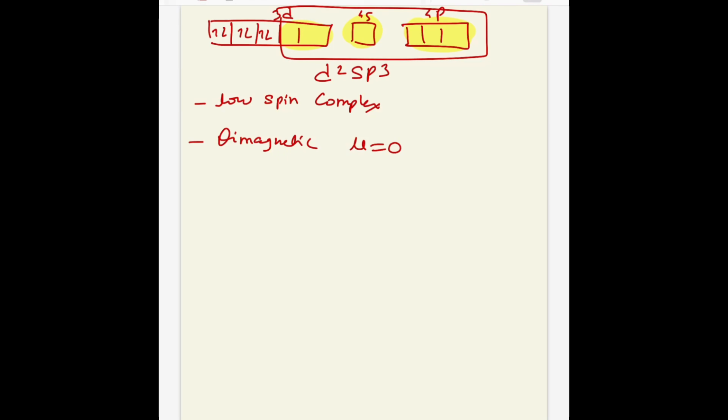I will take another example, and that is [CoF6]3-, but this example is a high spin complex. Okay, so the central metal atom is cobalt. The oxidation state of cobalt in that complex is plus 3.